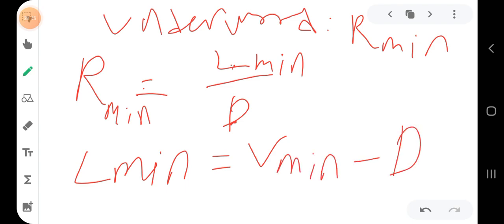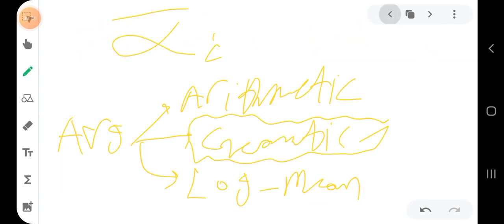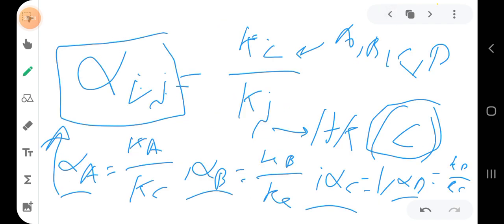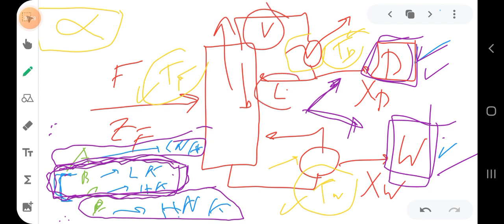It comes from the fact that if you have the column, here we have vapor going up, and here we have the distillate, and this is liquid going down from here. So you can see that the vapor is equal to the liquid plus D. V is equal to L plus D.